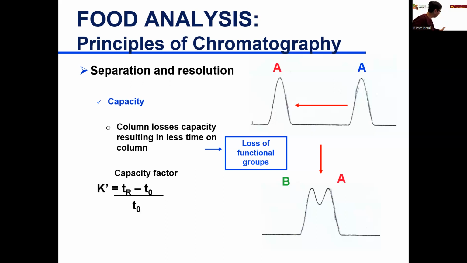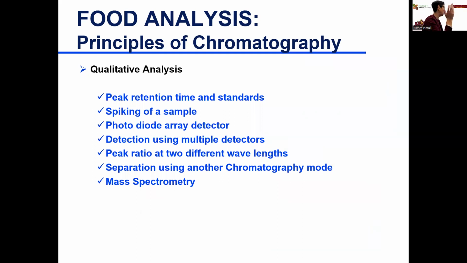Okay, so with that in mind, I want to move into what happens after you get your separation the way you are best able to, then you need to analyze. There's the qualitative analysis and there's the quantitative analysis. So for qualitative analysis, that means you want to identify what the sample is or what the compound is.